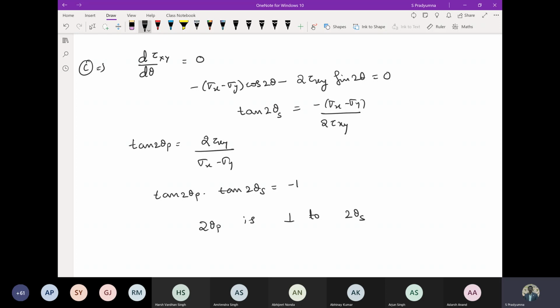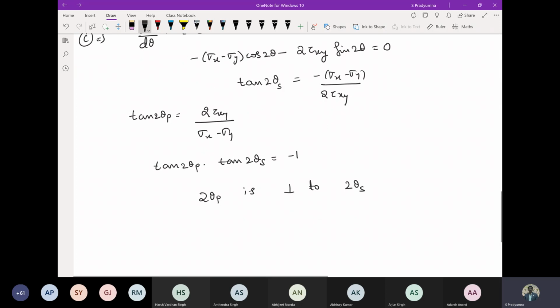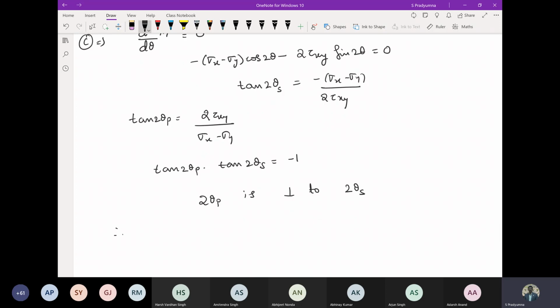So this is the conclusion we can make. Therefore, the direction of the principal plane theta p and the direction of the principal shear plane theta s are 45 degrees apart.